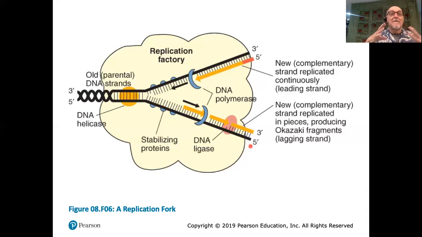As this process proceeds, another DNA polymerase comes in, and this DNA polymerase is actually able to go through the primers and chop and digest them out and replace them with DNA nucleotides.